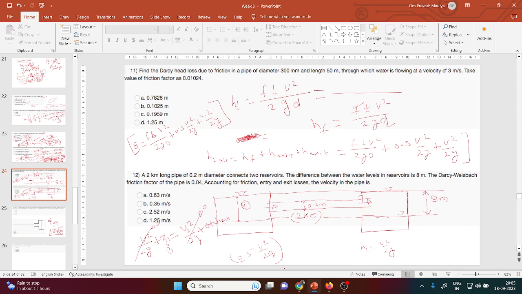But at a particular instant of time, what I have observed is the difference in water level between the first reservoir and the second reservoir is 8 meter. So for that particular observation, I want to calculate the velocity in the pipeline. So this is the idea.